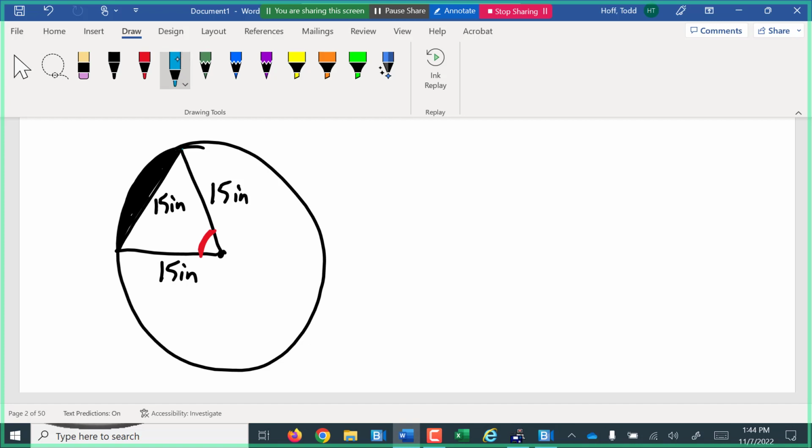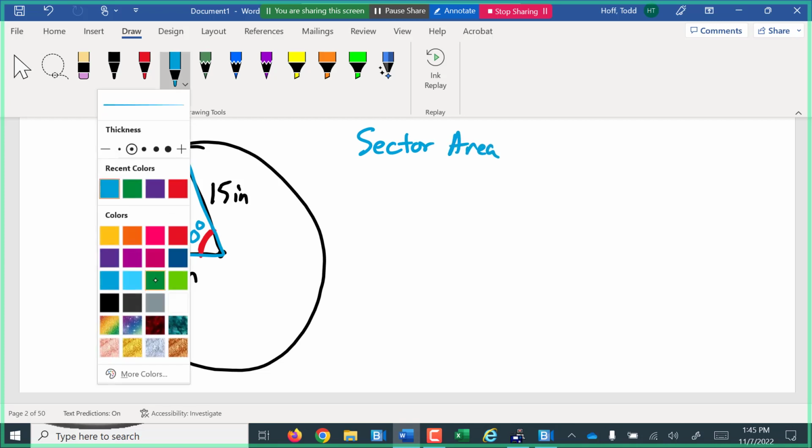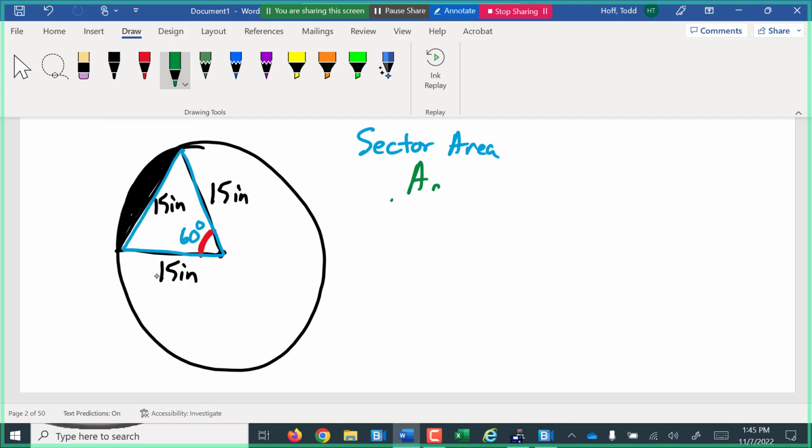Well, the triangle here has all three sides the same, which means the angles of that triangle must be how big? 60 degrees. So to find the sector area, we start out by finding the area of the whole circle.